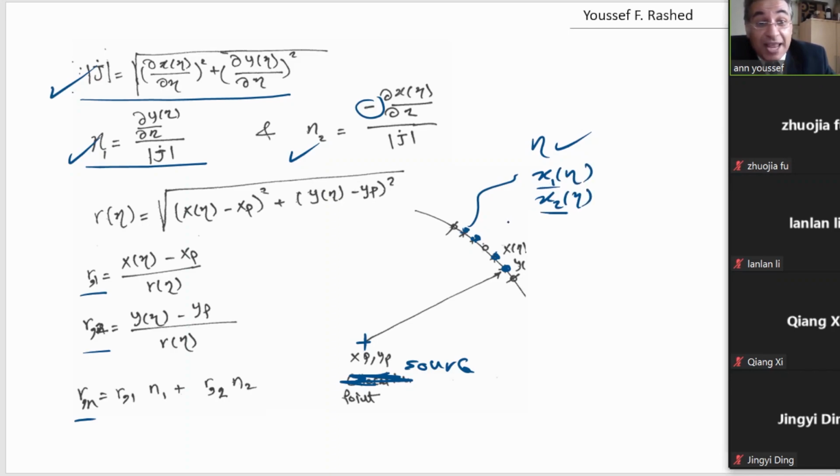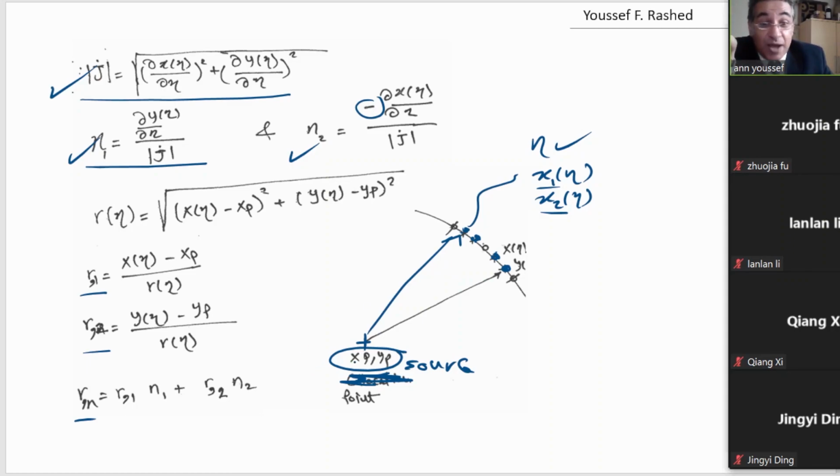When I have x1 and x2 at eta, I know the real coordinate, the x and y coordinate at this point. So instead of computing, this is a fundamental solution value between the pole point xp and yp and the point here, your integration point here.